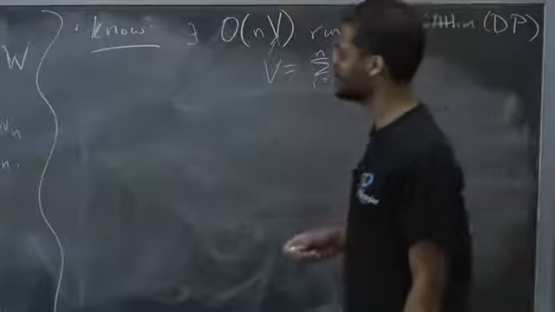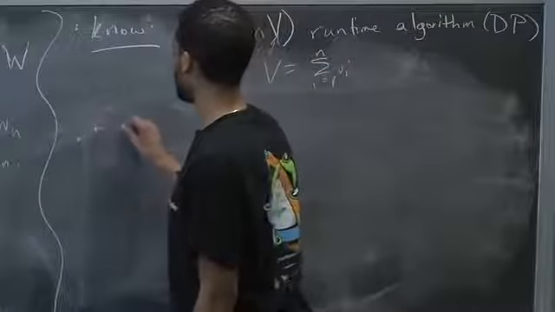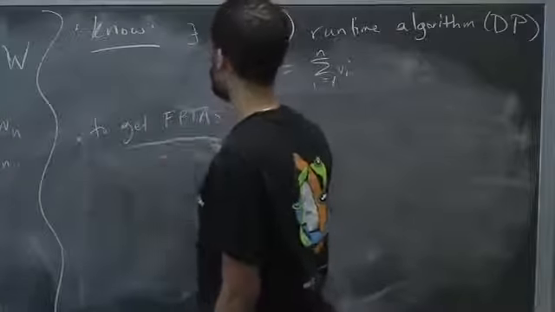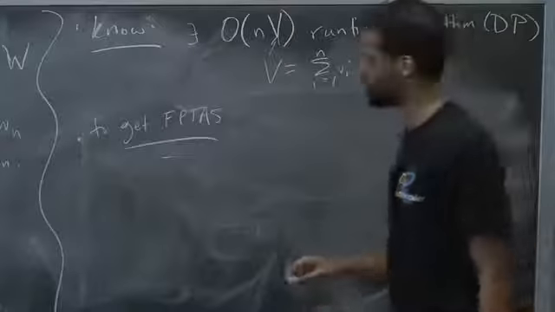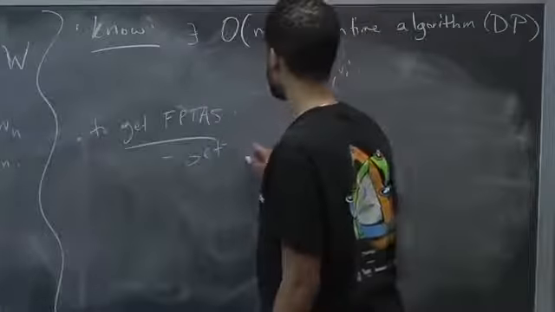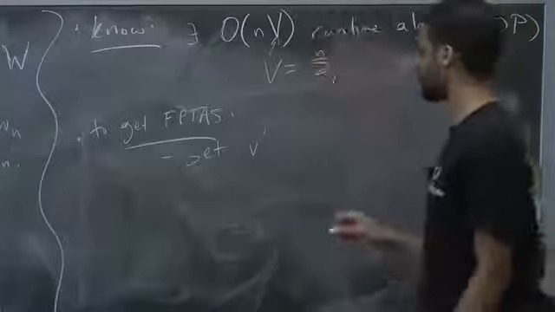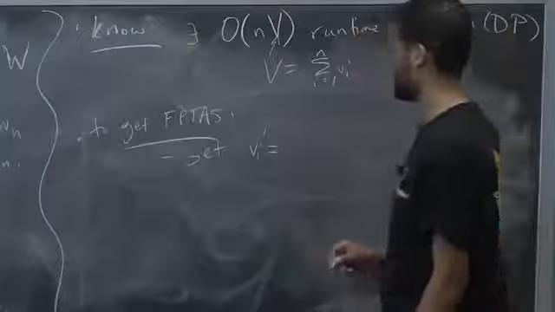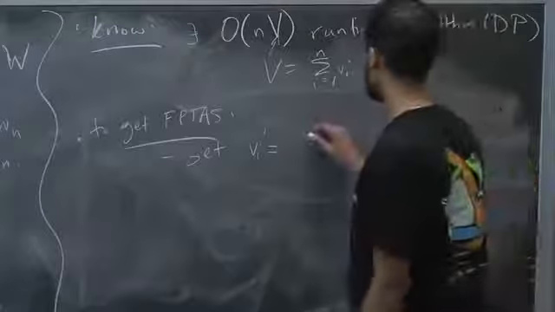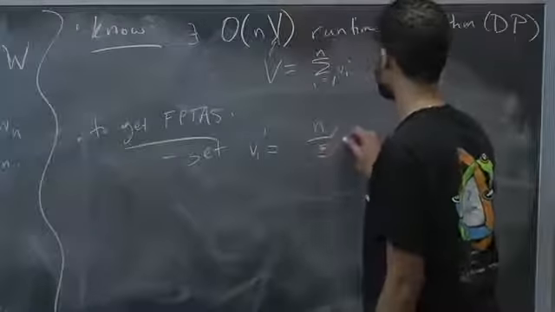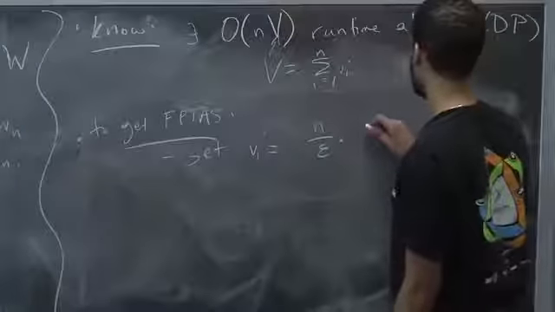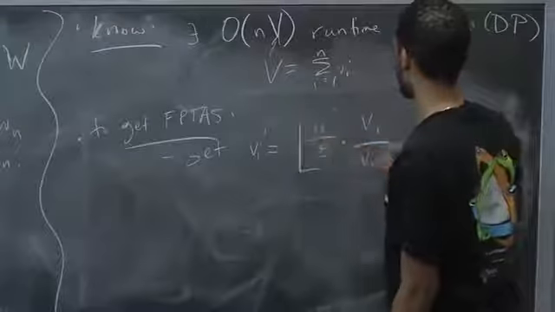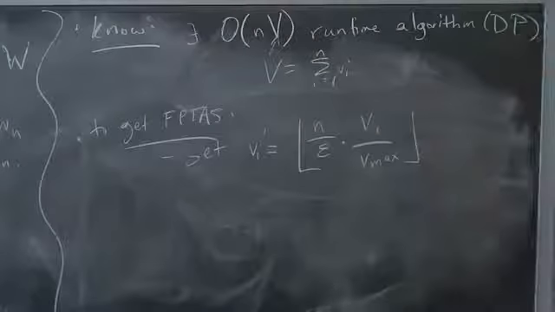To get an FPTAS, we're going to define new values. We set vi prime to be n over epsilon times vi over v max, and let's floor it so that it's an integer.